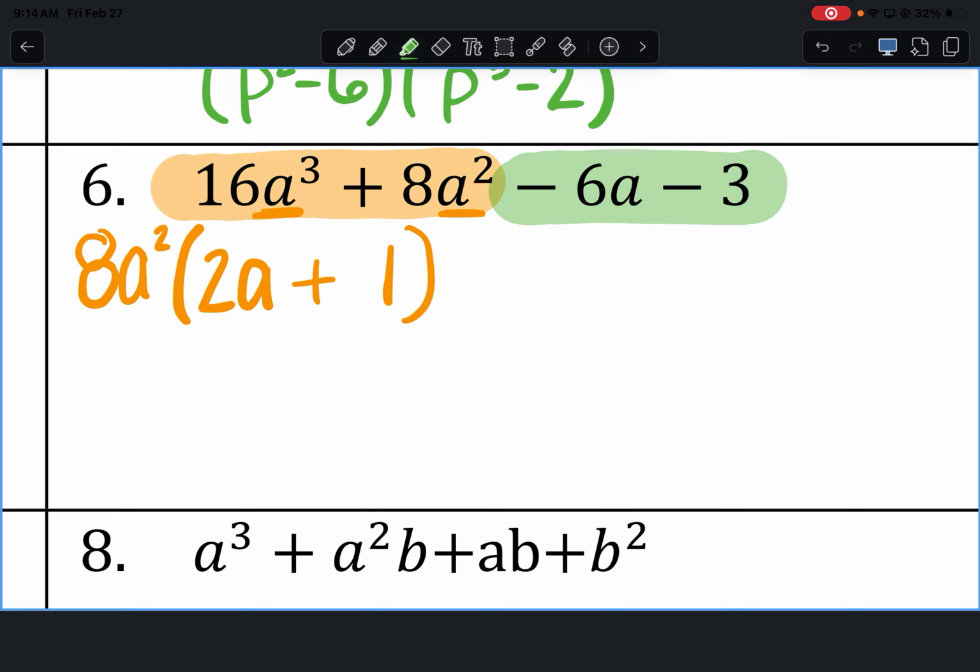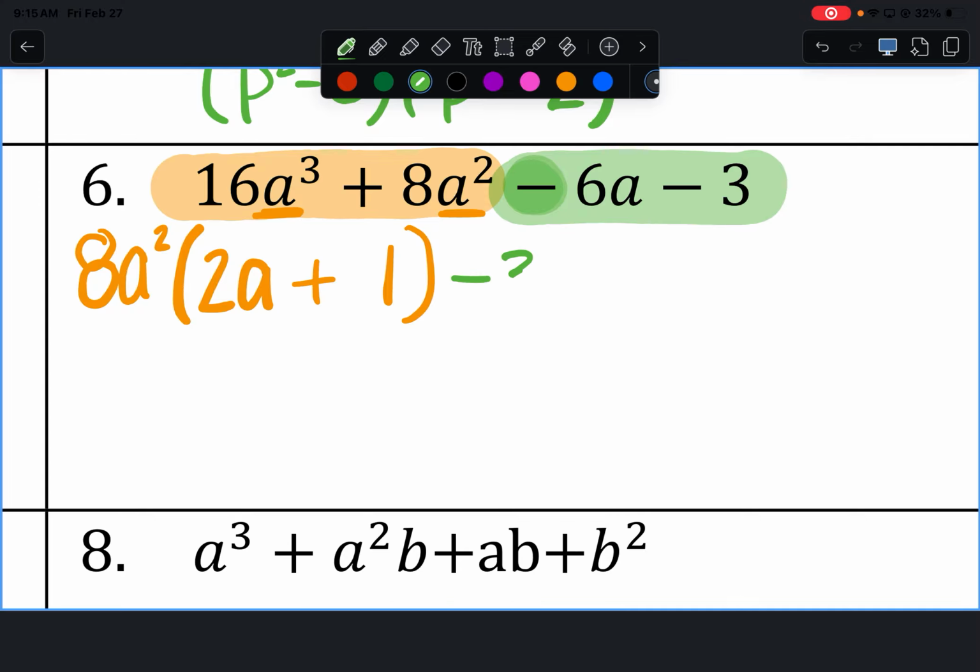Now, for the second half, our first term is negative, so I need to take out a what? I'm going to have to take out a negative. What is the GCF between negative 6a and negative 3? 3. We're going to take out a negative 3.